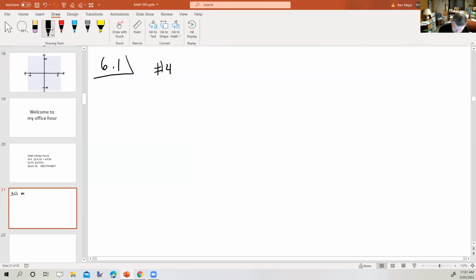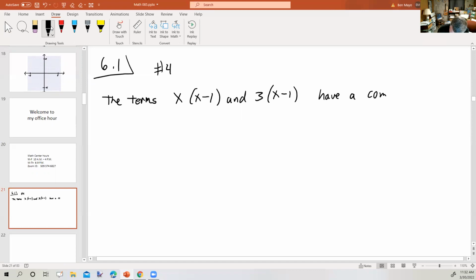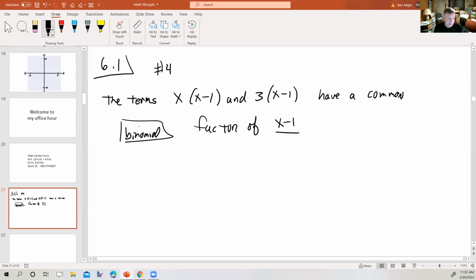Problem number 4 says this: The terms x times (x minus 1) and 3 times (x minus 1) have a common, fill in the blank, factor of x minus 1. And the answer is binomial, because 2 terms is a binomial. I know the person that requested this didn't ask for that one, but I noticed they didn't have that one either, so I thought I'd do it.